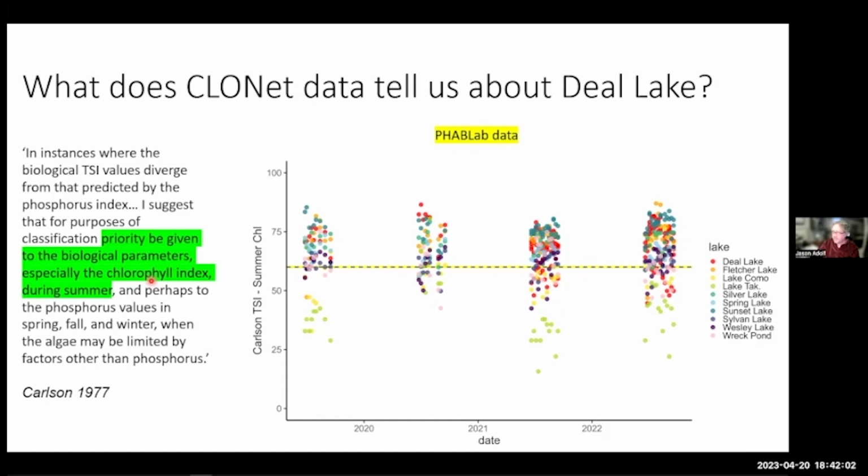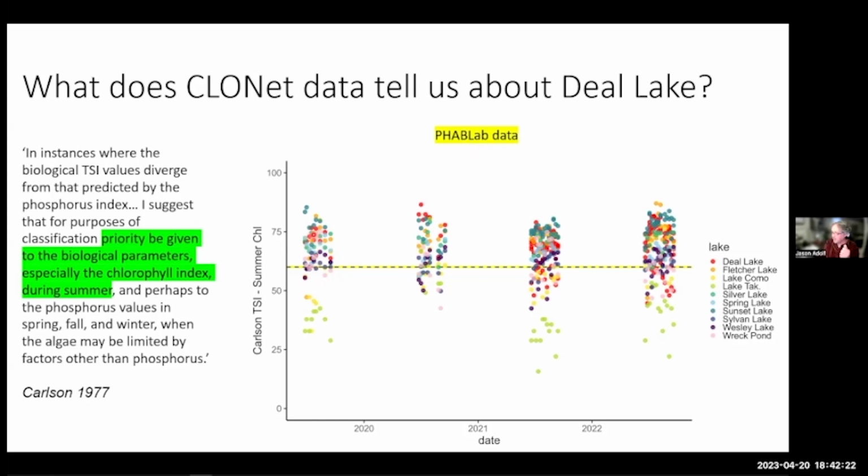Carlson said in his original paper that when you get discrepancy among different indicators of trophic status, it's best to give priority to the biological parameters, especially the summertime chlorophyll, to calculate the index. That's just shown here, just the summertime data, just based on the chlorophyll data.